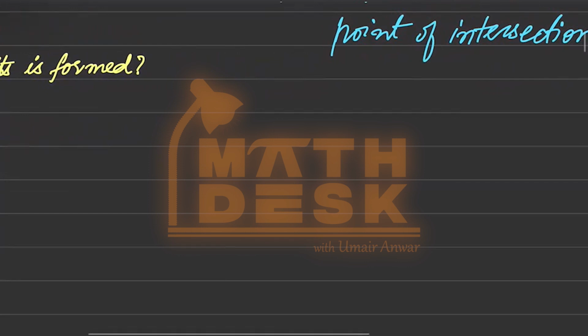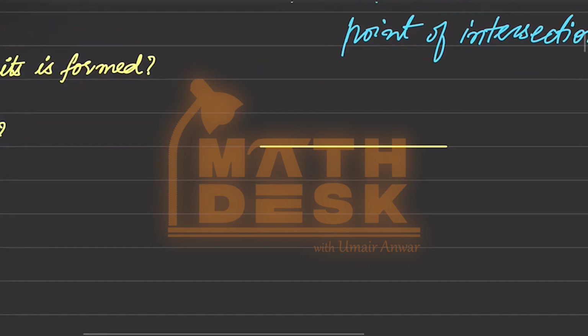For example, if I have a ray over here and I have another ray, and these 2 rays are intersecting each other at this particular point, then an angle would be formed between these 2 rays at this point. This would be the angle, which is normally represented by theta or some other letter.